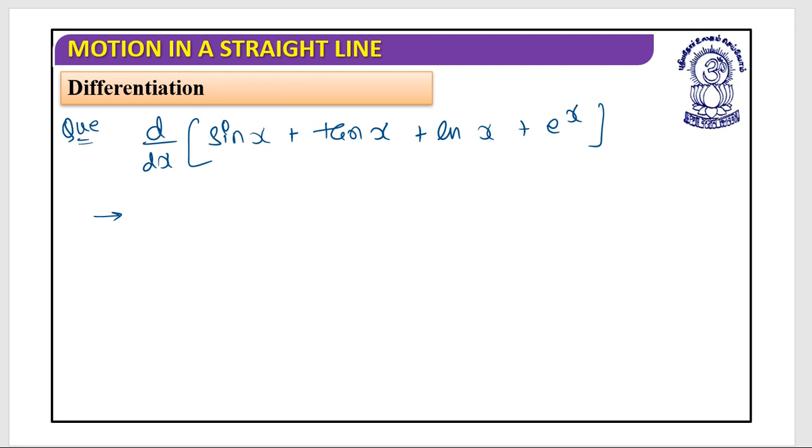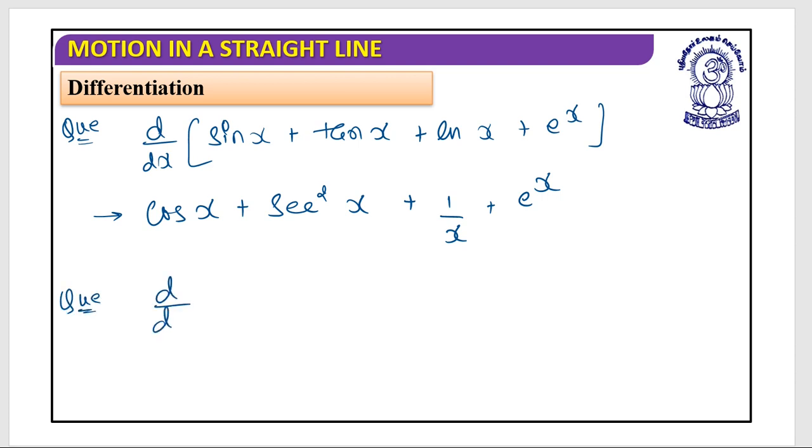It's cos x. D by dx of tan x, it's sec square x, plus d by dx of ln x, that is 1 by x. And d by dx of e to the power x, this is e to the power x. And that's it. We have done it. Okay, let's move to the next question.